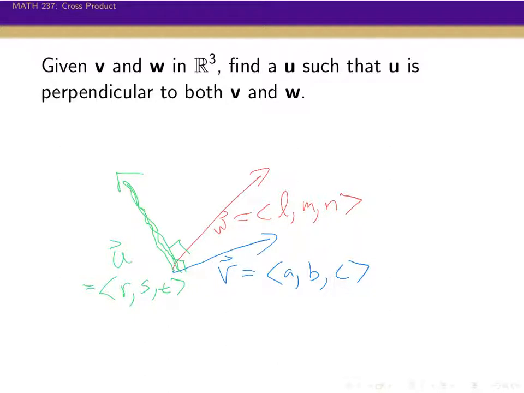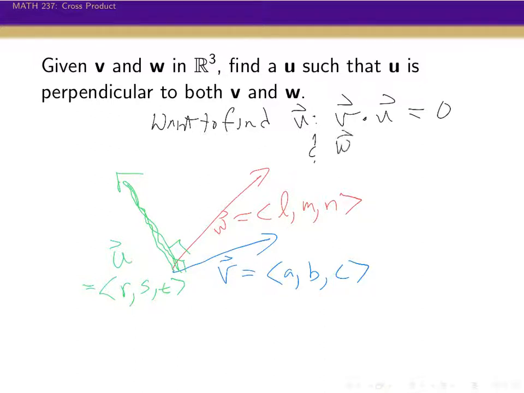So really what we want to find is a u such that v dot u is equal to 0 and w dotted with u is equal to 0. And so then that gives us 2 equations.